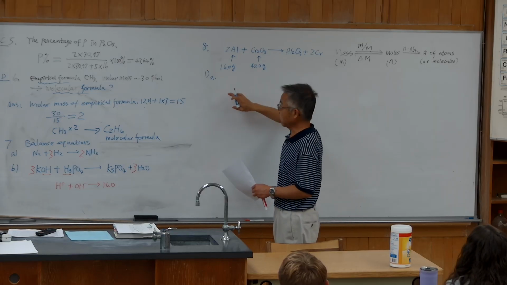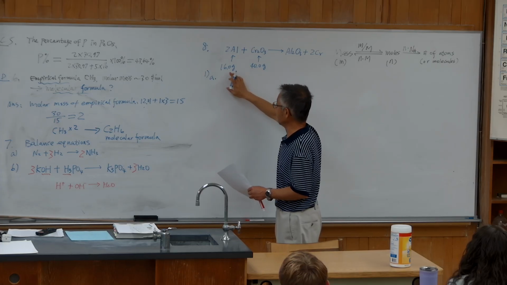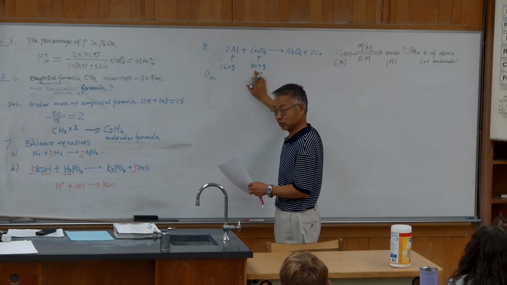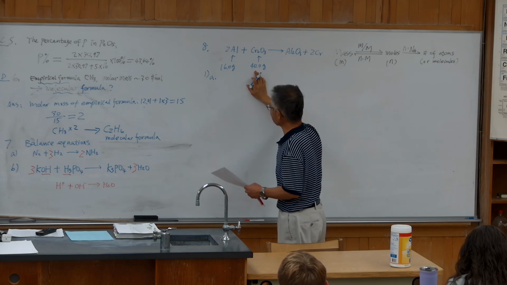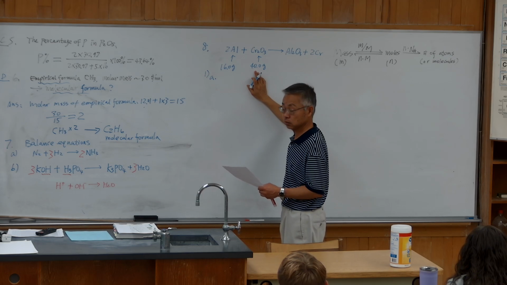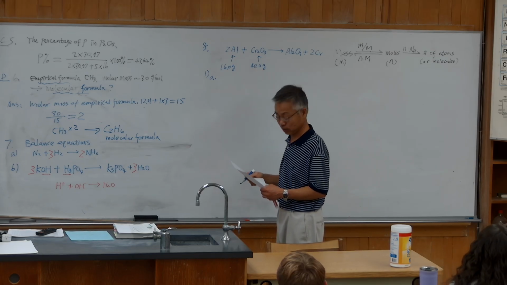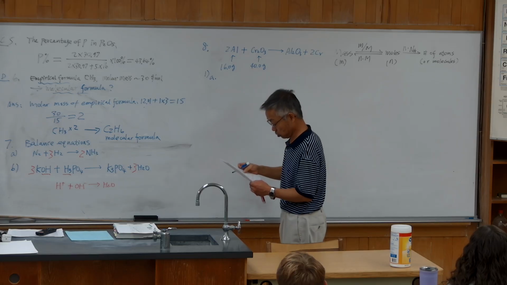The method to find the limiting reagent is: you pick any one of the reactants, then calculate how much of the other reactant is needed, then compare with the amount that you have. You can pick either one of these two reactants.